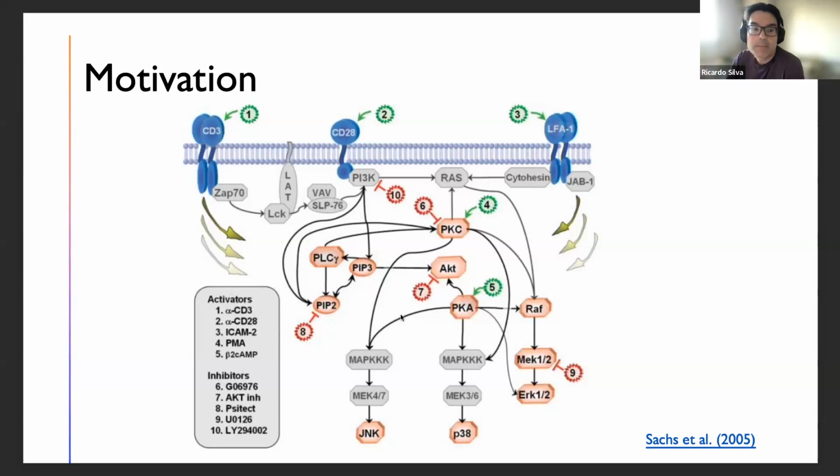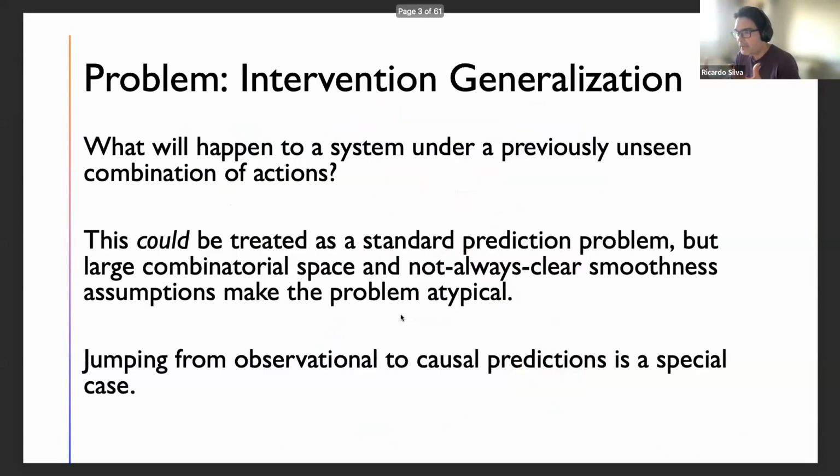You want to know what will happen to the concentration of these elements in the cell when those perturbations take place. But in principle, you have maybe large combinatorial spaces of possible perturbations. You may ask yourself, given that some combinations might not be in that data, what will happen if I actually want to perform them?